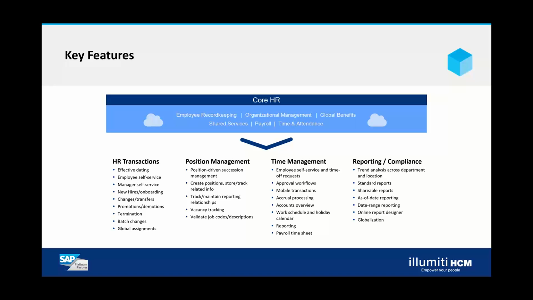Let's look at some of the key features that help differentiate our solution. First off is effective dating. Now, I'm not going to run through all of these, but effective dating I feel is a key one for me to highlight. This is what allows us to store not just an employee's current record, but all of their record changes from the time that they're hired into our organization to the time they leave our organization.